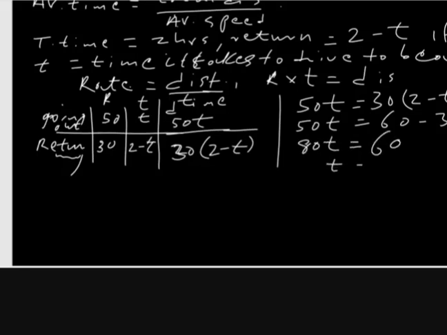Therefore, T is equal to 60 over 80, that is equal to 3 over 4 hours. That's what that means.